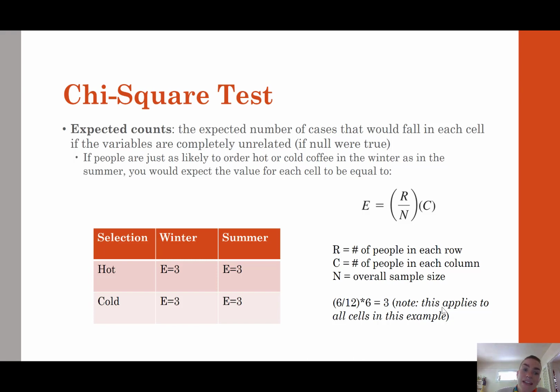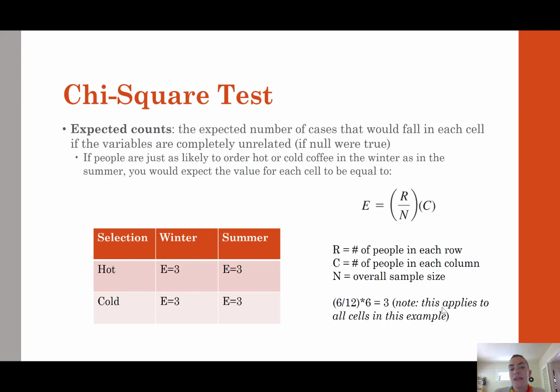Or you could think about it as, for hot coffees, people are equally likely to order hot coffees in the winter as they are in summer, and people are equally likely to order cold coffees in winter as they are in summer. So if there's nothing going on here, if there is no relationship between season and coffee orders, then we would expect to see 3 hot coffees ordered in winter, 3 hot coffees ordered in summer, 3 cold coffees ordered in winter, and 3 cold coffees ordered in the summer.